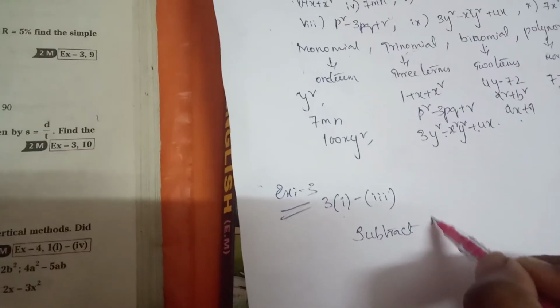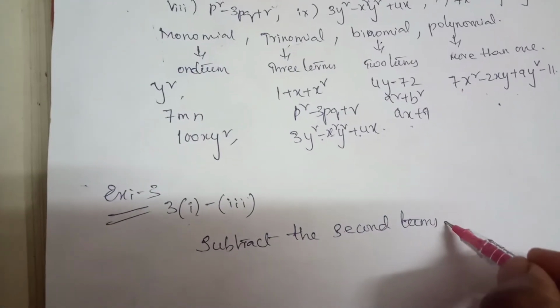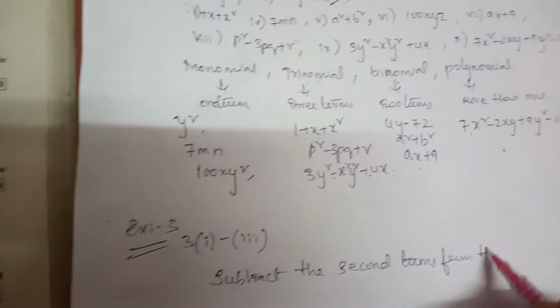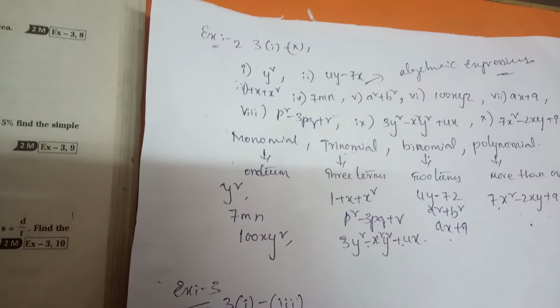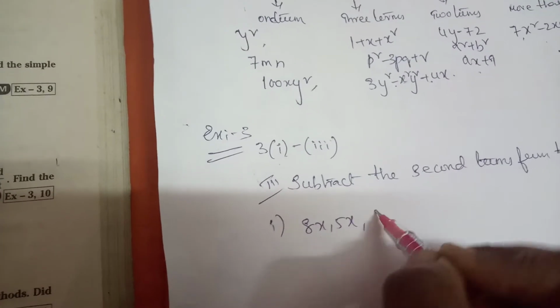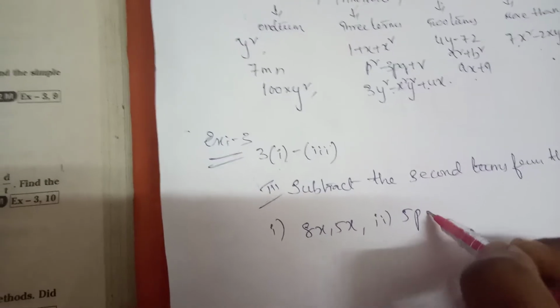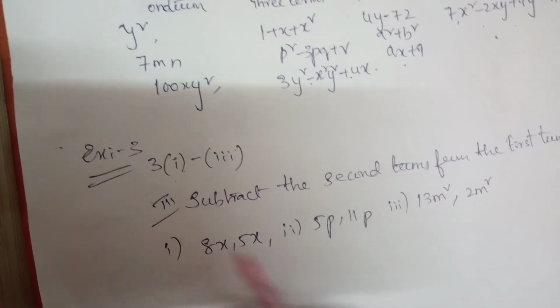Subtract the second term from the first term. Coming to the question: 8x comma 5x. Second one, 5p comma 11p. Third, 13m square comma 2m square. These are the terms given.